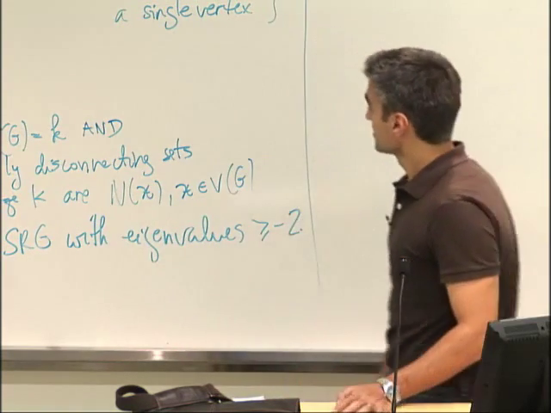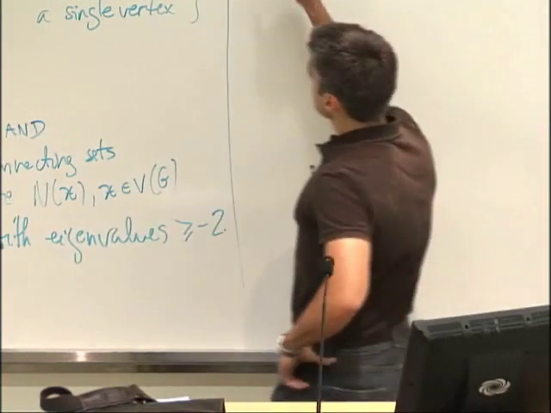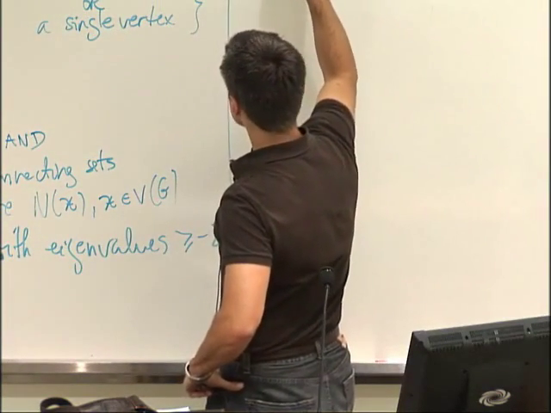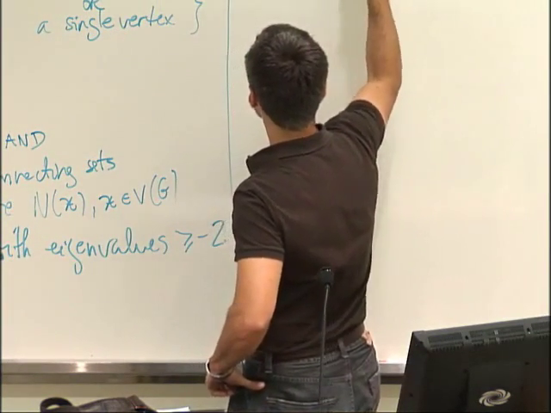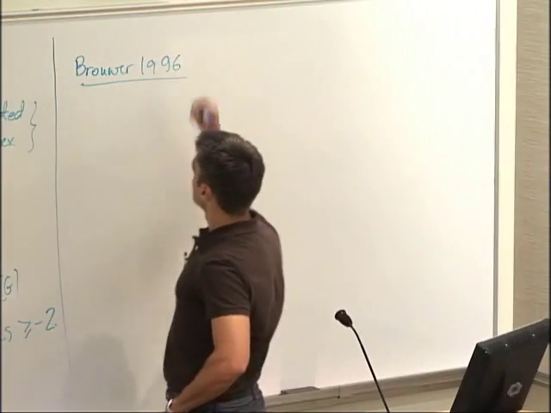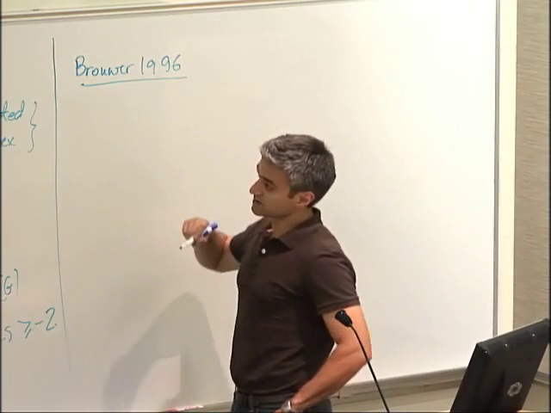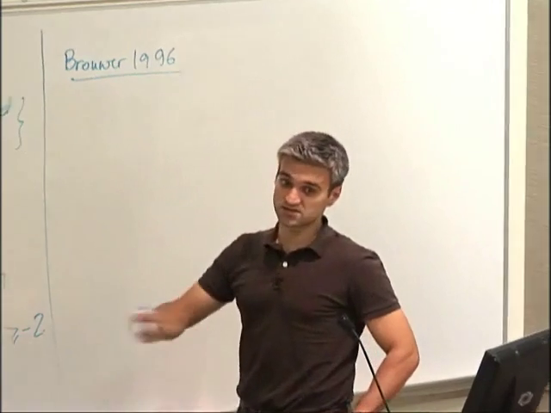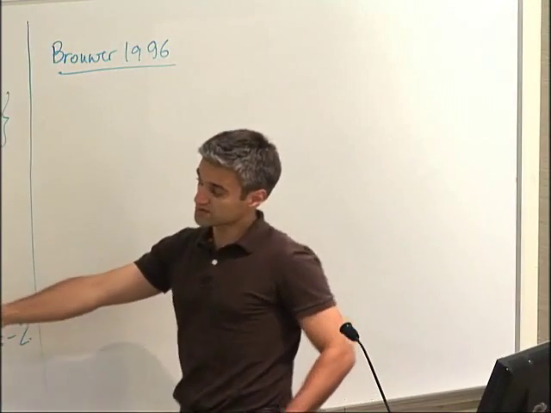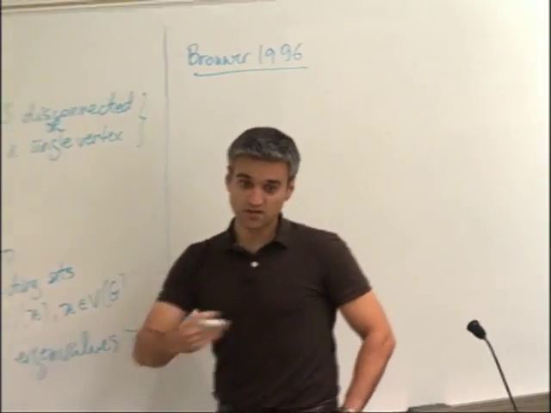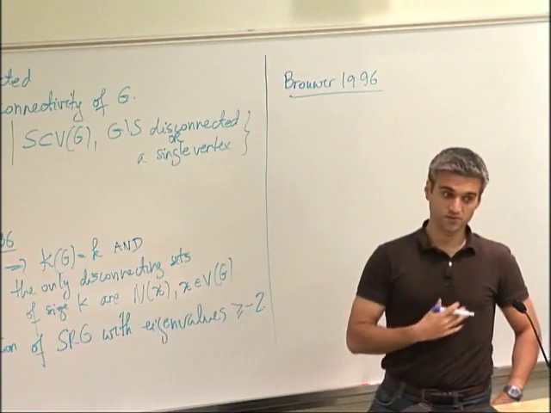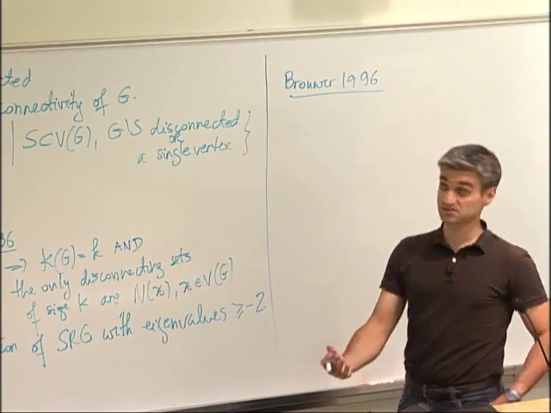Okay, so in 1996, Brouwer asked the question: what if I want the next disconnecting set? All the ones of size k are neighborhoods. Now tell me what's the size of the next disconnecting set.